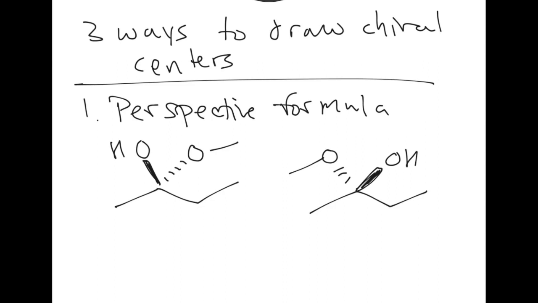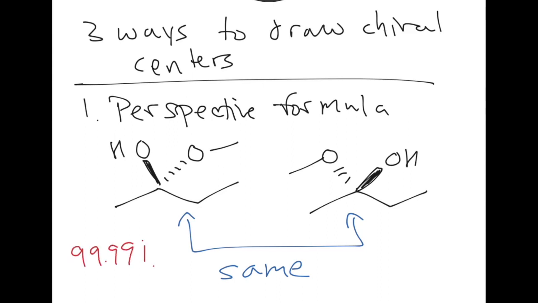They're physically pointed straight out. And the group on the dash is pointed straight back. So there's no left or right to it. So these are the same molecule. Everyone see that? 99% of the time, I'm going to draw perspective structures because I think they're easier. And every organic chemist uses these.